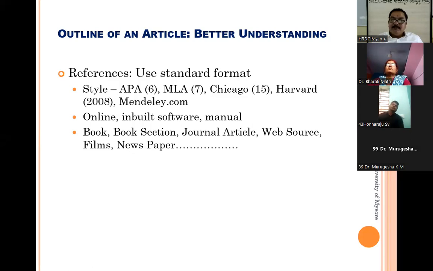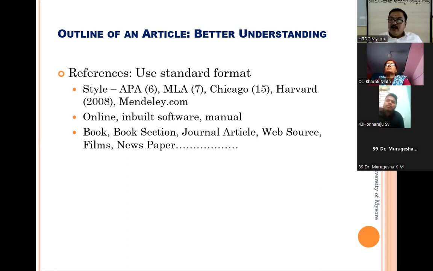Most of the time, when your article goes for review, the first thing the reviewers see is whether you have given references appropriately. This will be seen. I have reviewed more than 100 articles for more than 10 journals.